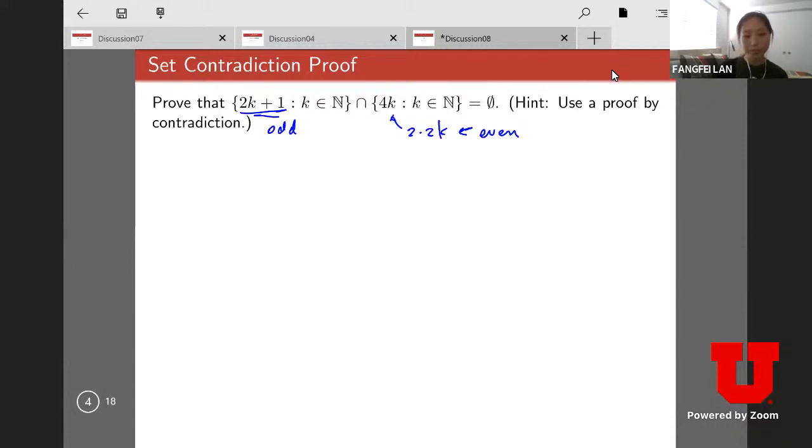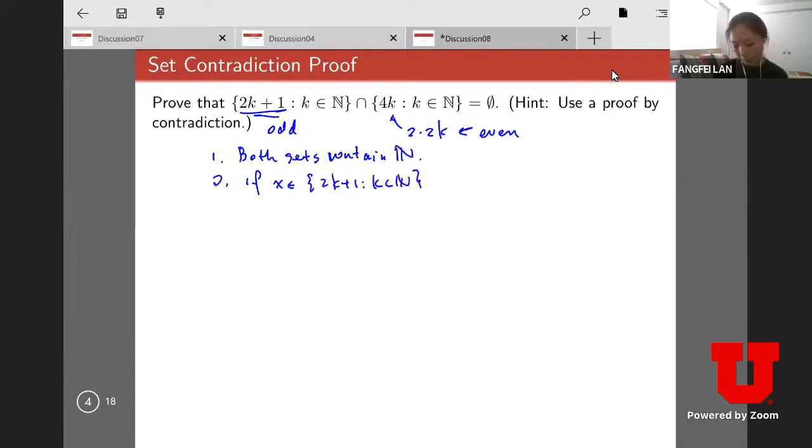So first, show both sets contain natural numbers. And then you can show that if X is in the first set, X is not in the second set.